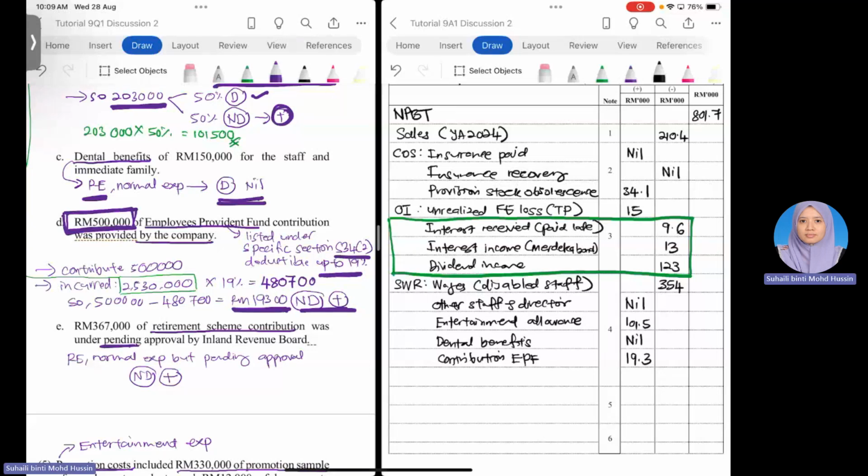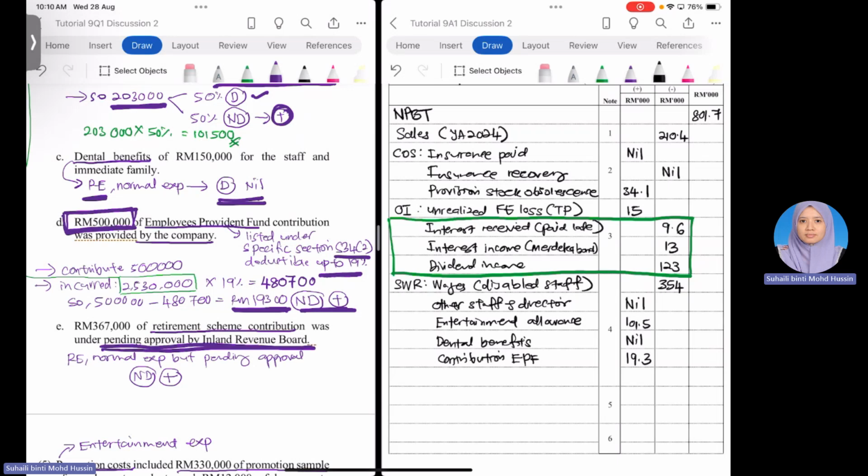Okay, number 4E, we have the company making a contribution for the retirement scheme. The company made the contribution for the retirement scheme totaling 367,000 ringgit, but the amount that the company made is still pending approval by the Inland Revenue Board.